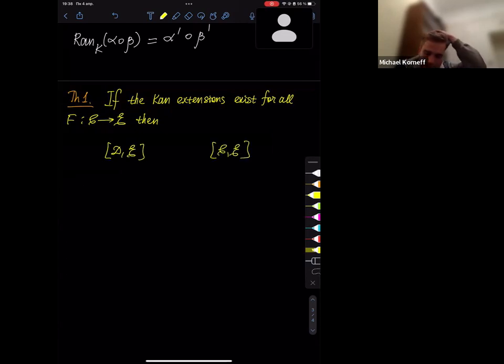Denote like these functors between categories. For example, this one is functors between categories C and E, and so on.